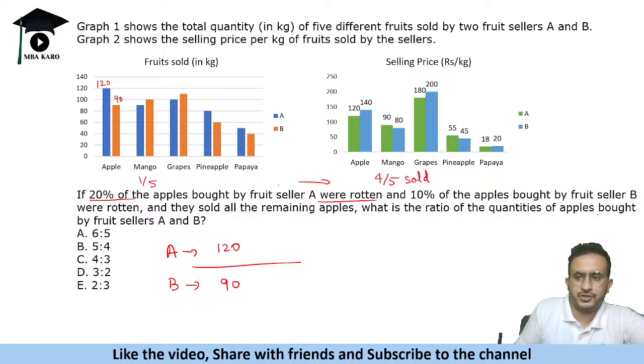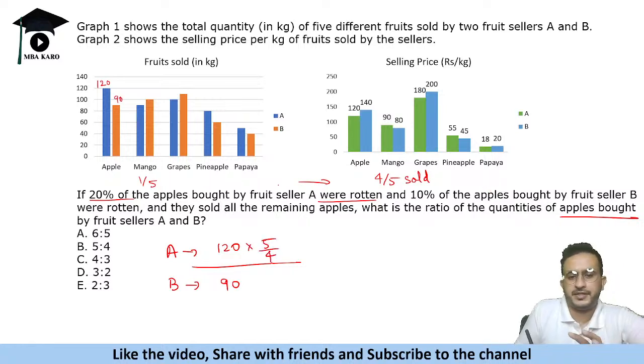We have to find the ratios of apples bought. 4 by 5th sold, that means we are given the sold quantity. So we know bought is 5 by 4 of sold. So we will find 5 by 4 times to get how many they purchased. Okay.